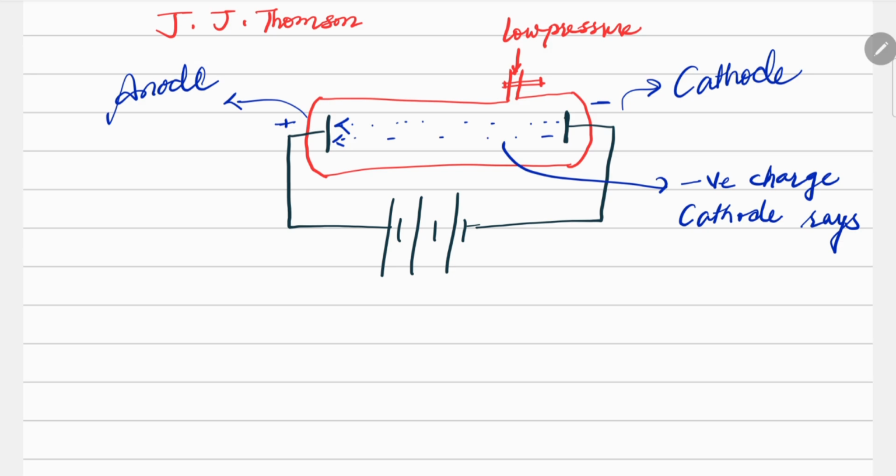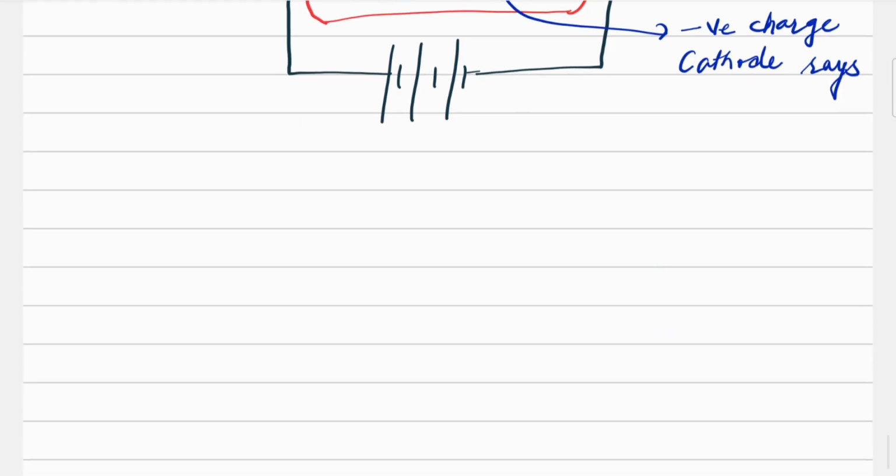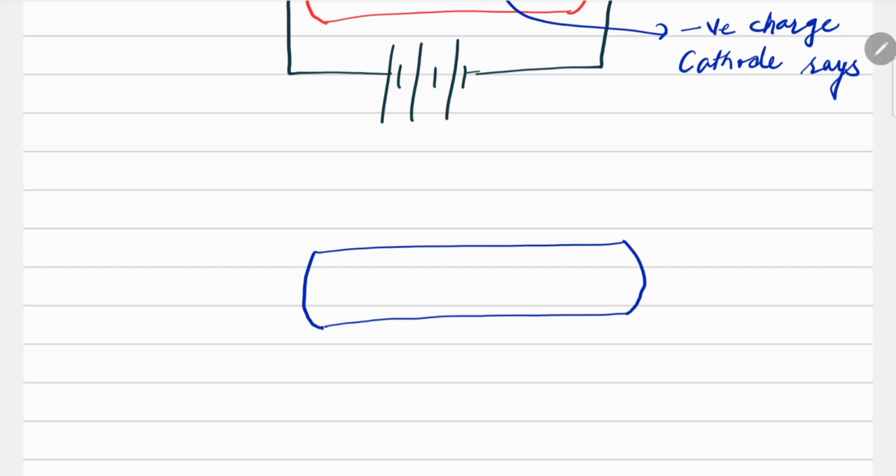He did one more thing. He once again took the same glass tube. As you saw in the experiment, he took a circular plate and made it perforated.